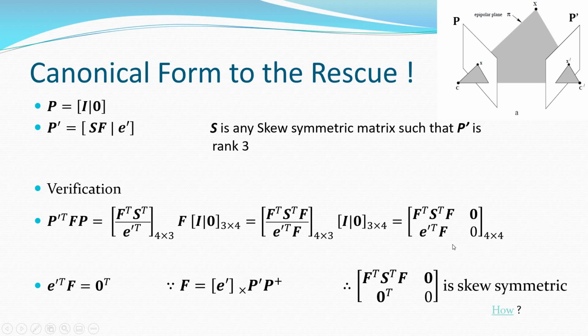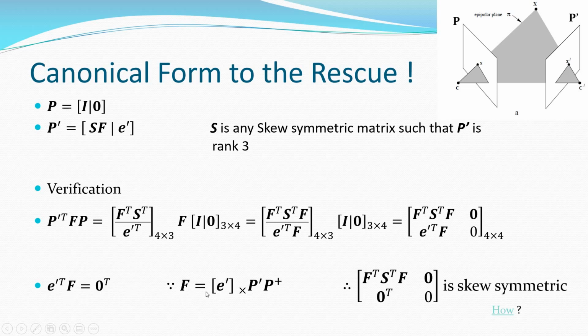You can see that this matrix over here is almost skew symmetric. This is 0, this is 0, and there is this thing which also turns out to be 0, because this is nothing but the epipole. In the equation for the fundamental matrix, there is this epipole sitting over here.